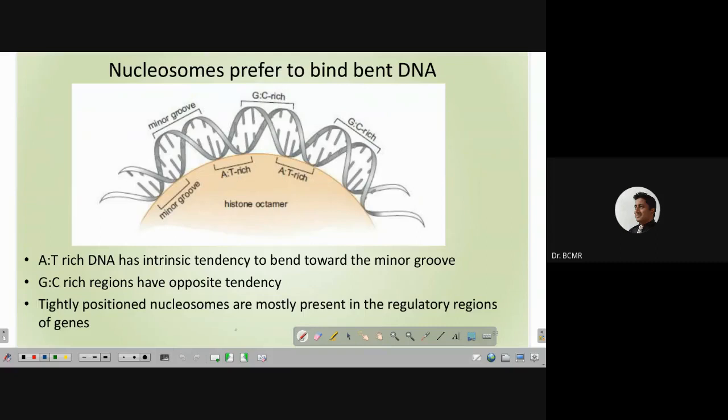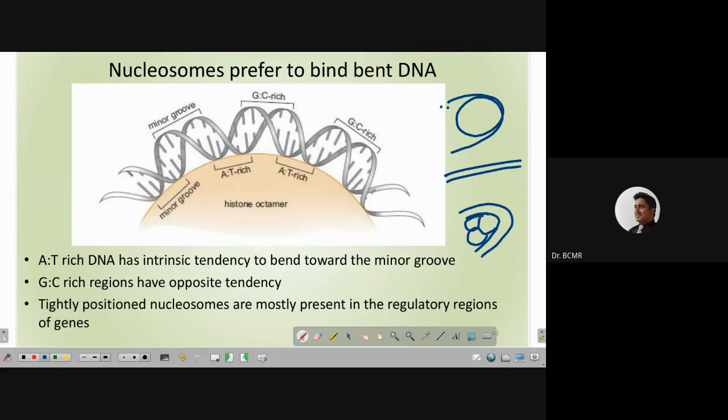As I was telling you, nucleosomes prefer bent DNA. When they form, they have to form a bend like this. If a DNA is straight and you want to bend it, it requires some energy. What if there is a DNA that is already bent because of some sequences? Then that is where it's much easier to form a nucleosome.